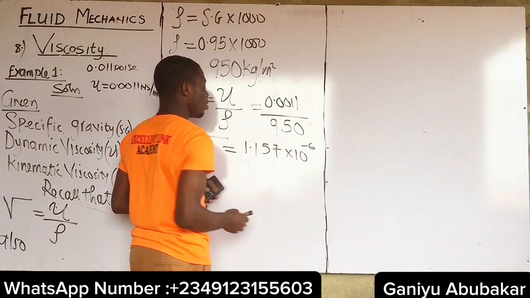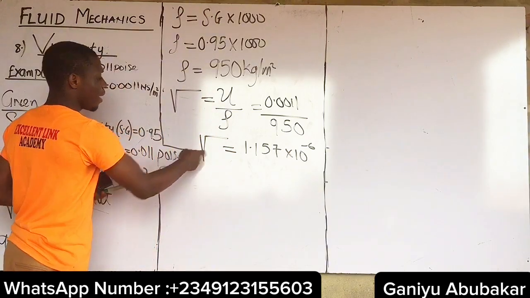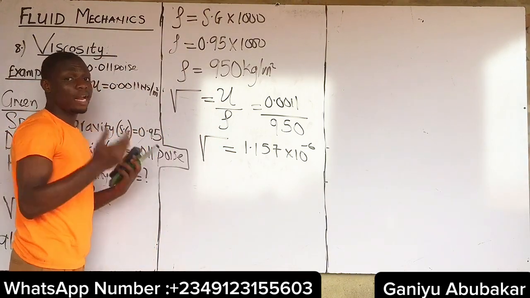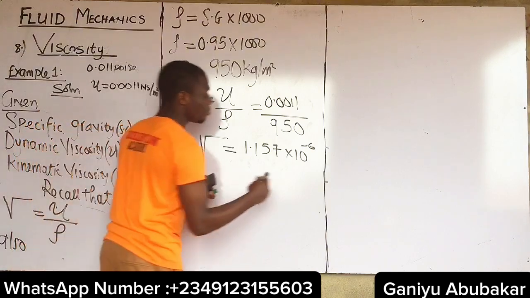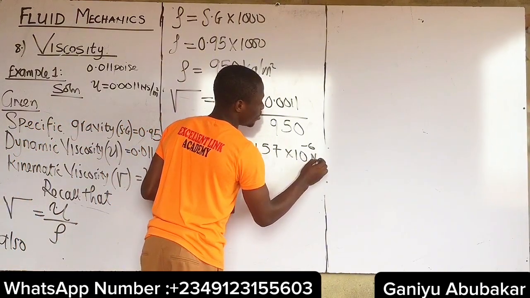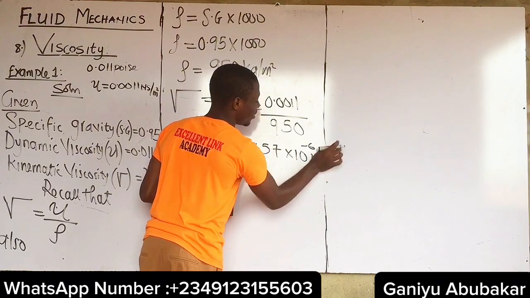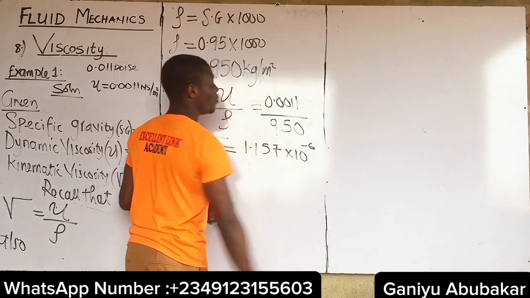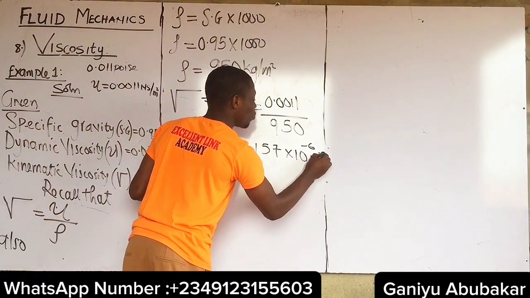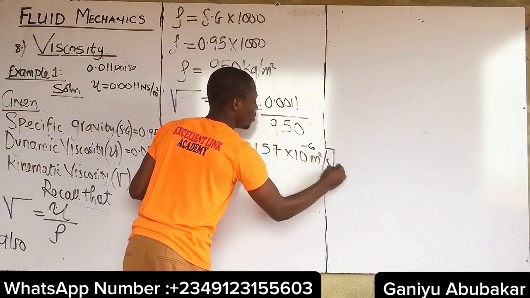Minus 6 what? What's the unit for kinematic viscosity? Who can tell me, please? That's meter squared per second.